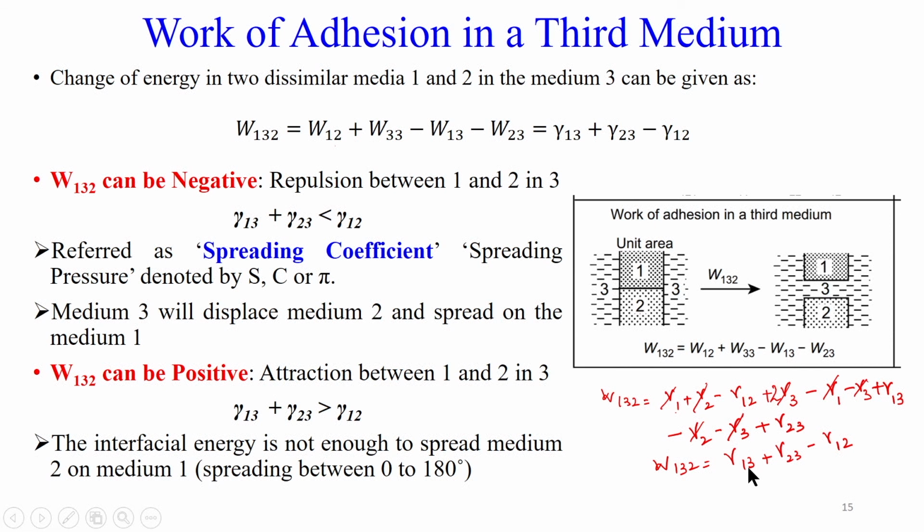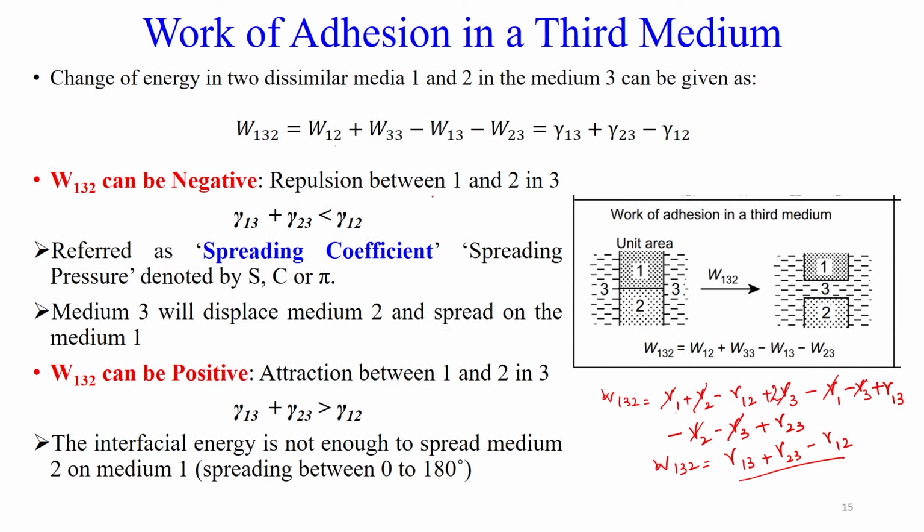So, if you have 3 media, then this will be the expression for the work of adhesion, or you can say the interfacial tension. Now, we can have two situations. In one case W132 may be positive, in another case it may be negative. If it is negative, what does it mean? If it is negative, it means gamma 13 plus gamma 23 is less than gamma 12.